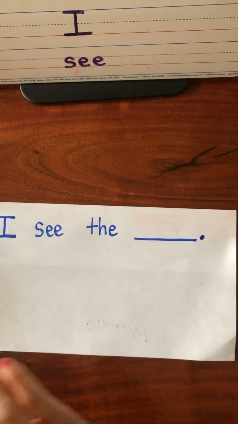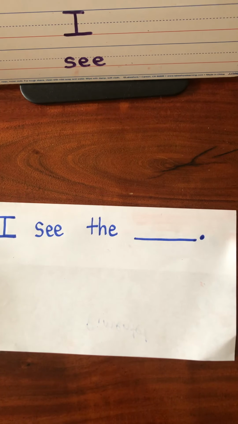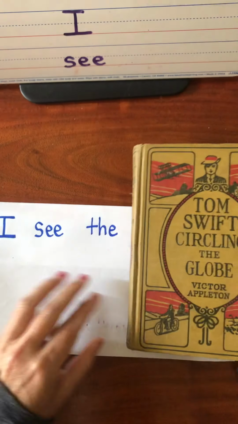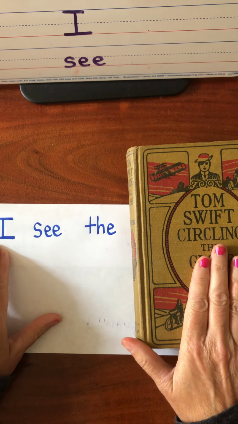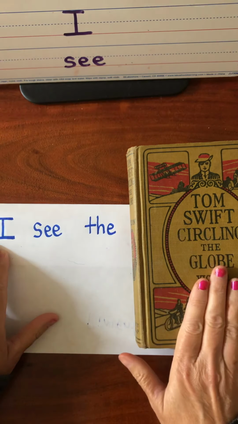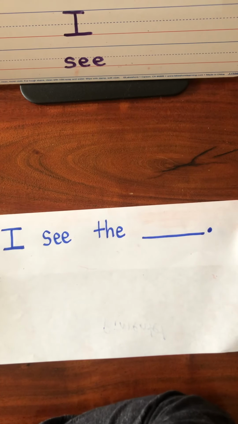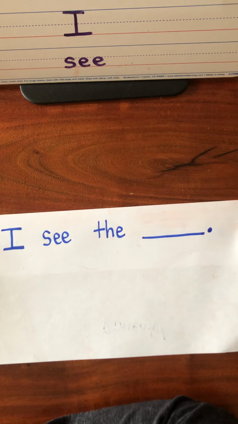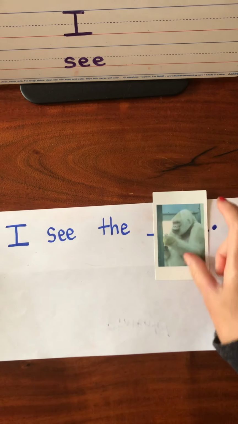And then I would do that with a few different things that you have around your house. Here's something I happen to have here. I see the book. So whatever you have, it will just expand on your vocabulary. Let's see what else I have handy. What is that?